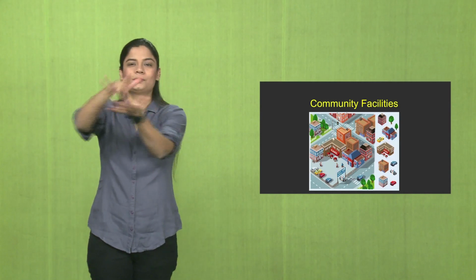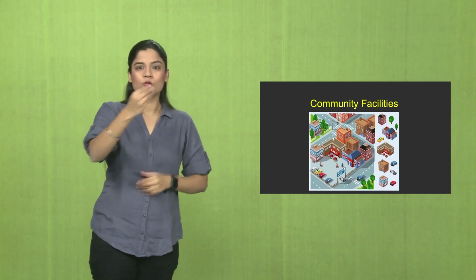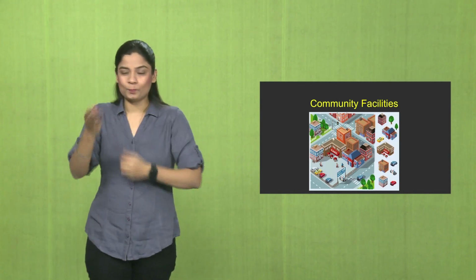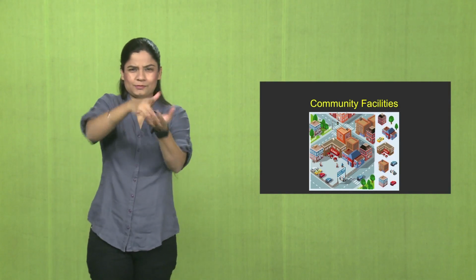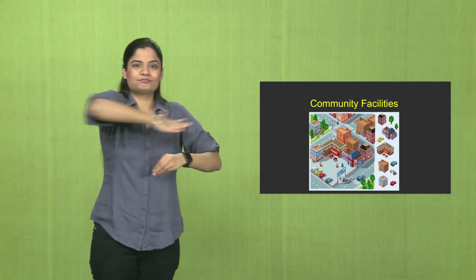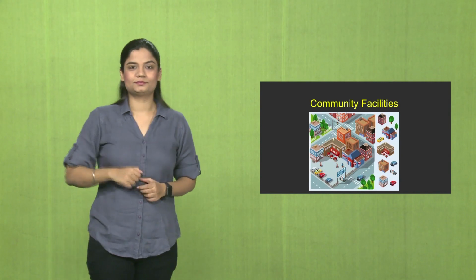Two words, as you can see in the picture. There is a temple, hospitals, shopping areas, ATMs, restaurants, everything falling in a community, the facilities in a community. Now, let's begin part 1 of the lesson.